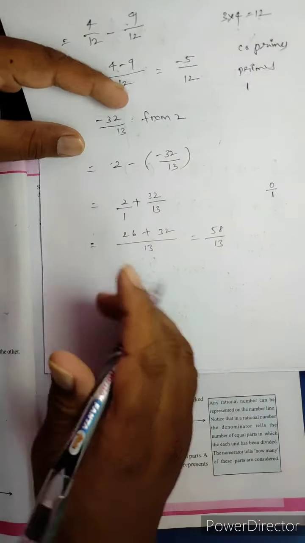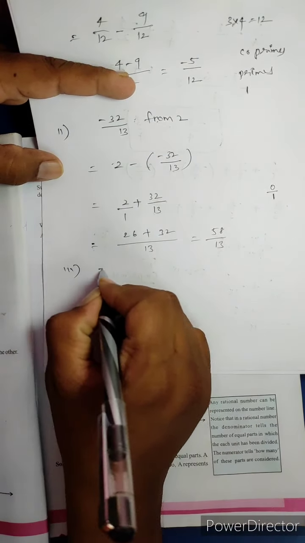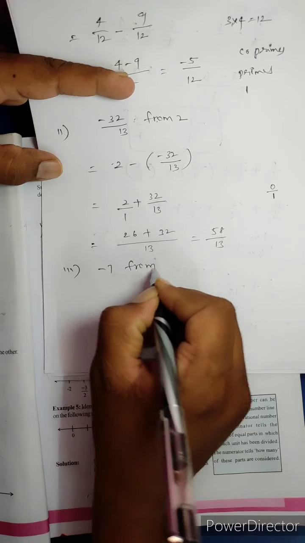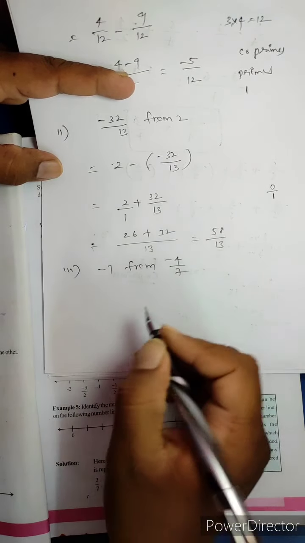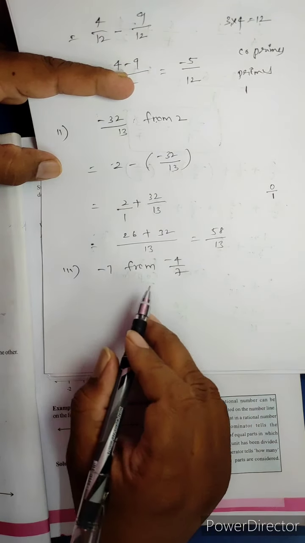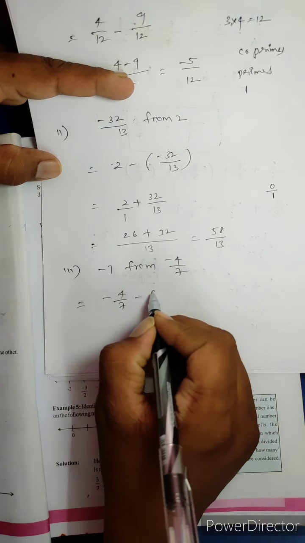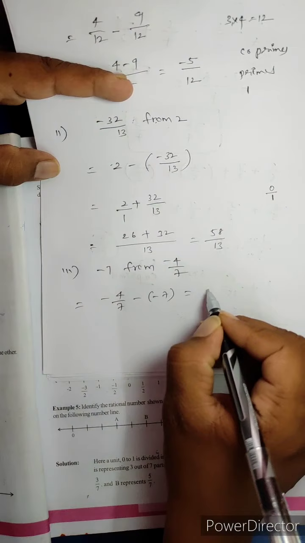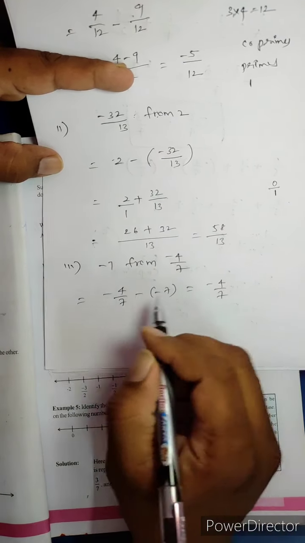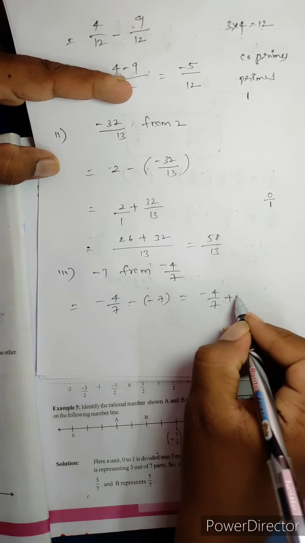Next, third problem. Minus 7 from minus 4 by 7. So minus 4 by 7 minus of minus 7 is equal to minus 4 by 7, minus into minus plus 7.